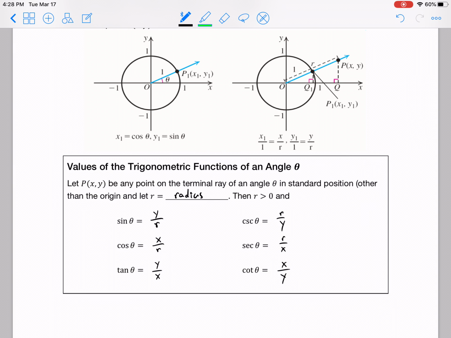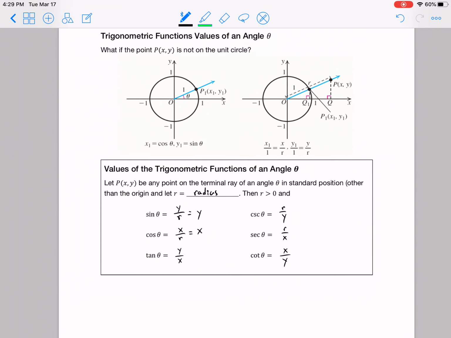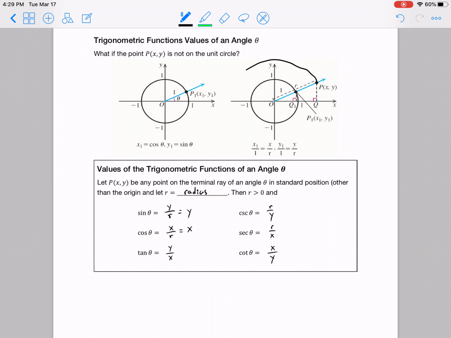And even for larger circles than just a radius of 1, we can still use these because it'll scale down, where if we double the size of our circle, we double r, we'll end up with a y value that gets doubled, but then so does r. So even here, when we're thinking of these as angles, they're all going to convert down to the values that were on the unit circle, rather than having to trace it back and ask what the x and y values were.